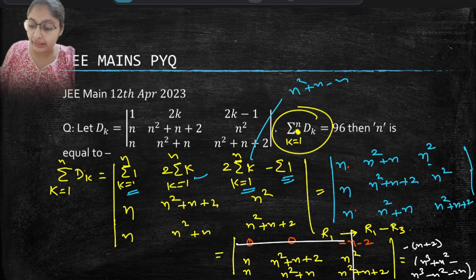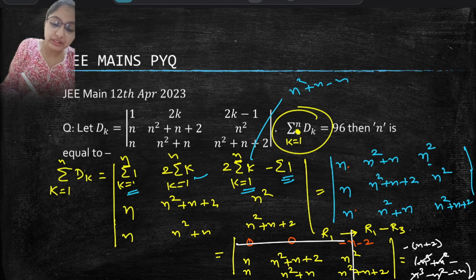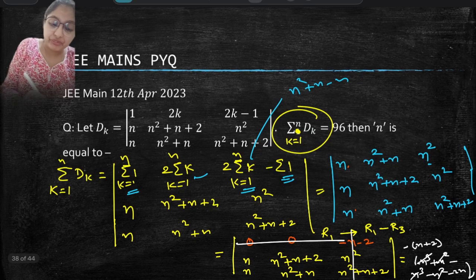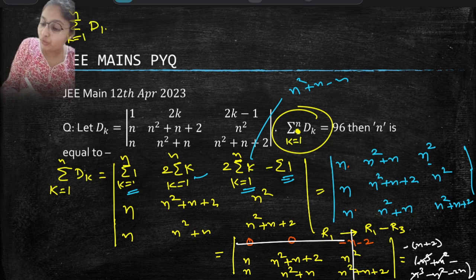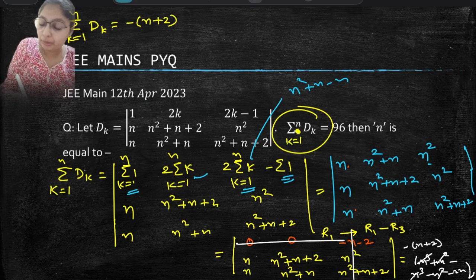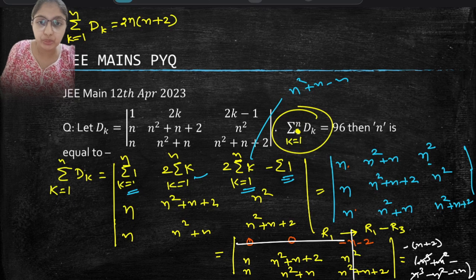From here n cube and n square get cancelled. Basically we get that sigma D_k equals minus n plus 2 into minus 2n. So it becomes plus 2n into n plus 2.